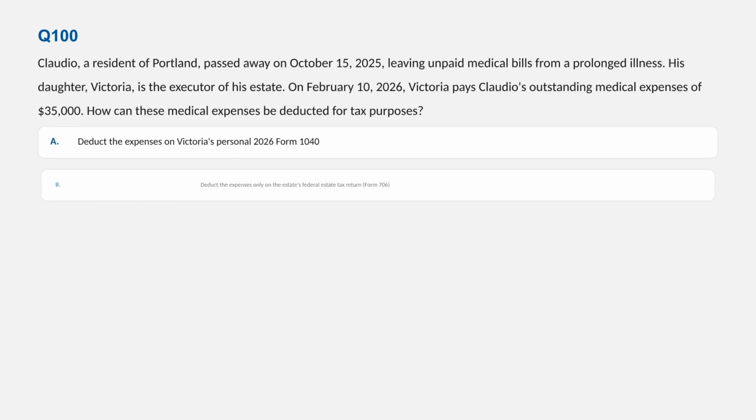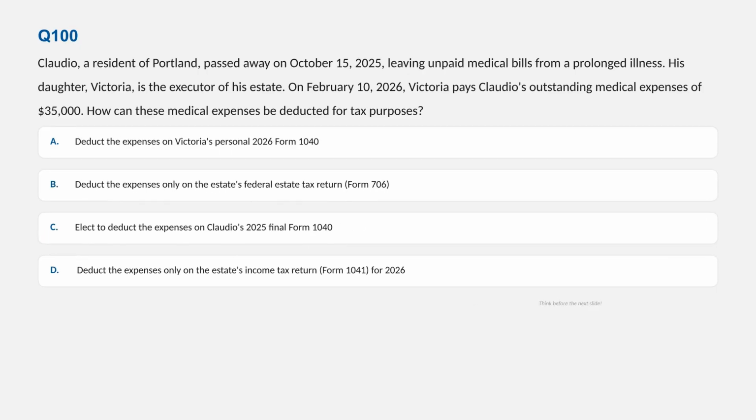Question 100. Claudio, a resident of Portland, passed away on October 15th, 2025, leaving unpaid medical bills from a prolonged illness. His daughter Victoria is the executor of his estate. On February 10th, 2026, Victoria pays Claudio's outstanding medical expenses of $35,000. How can these medical expenses be deducted for tax purposes?